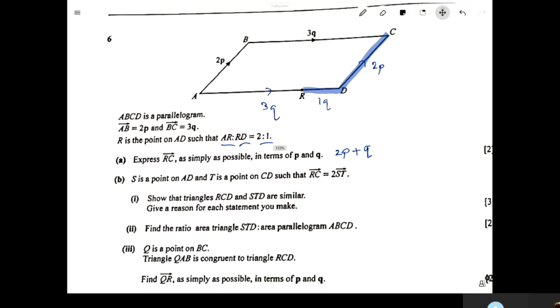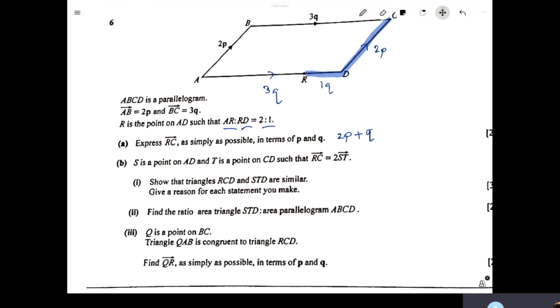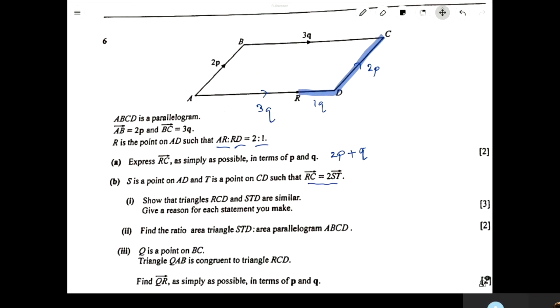So S is a point on AD. Okay, part B, S is a point on AD and T is a point on CD, such that RC equals 2ST. Where is T? S is a point on AD and T is a point on CD. So it's in between, somewhere along CD.